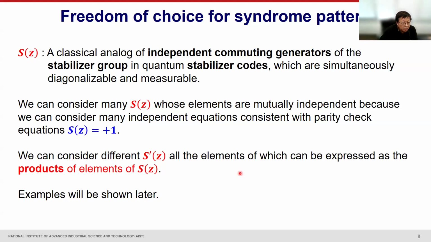We should note two facts here. First, the syndrome pattern is a classical analog of independent commuting generators of the stabilizer group in quantum stabilizer codes, which are simultaneously diagonalizable and measurable.